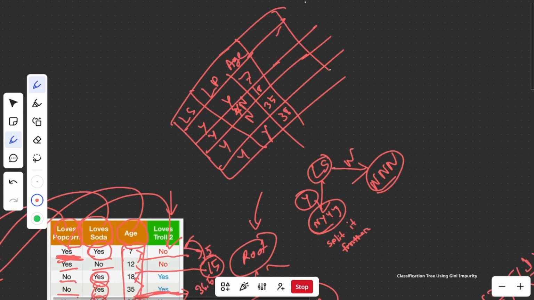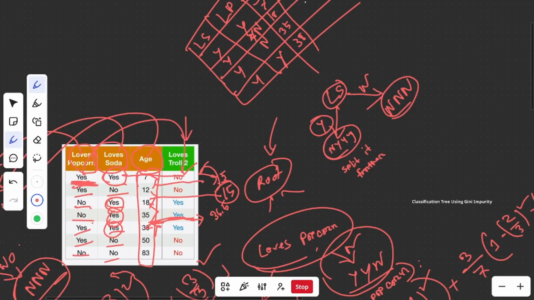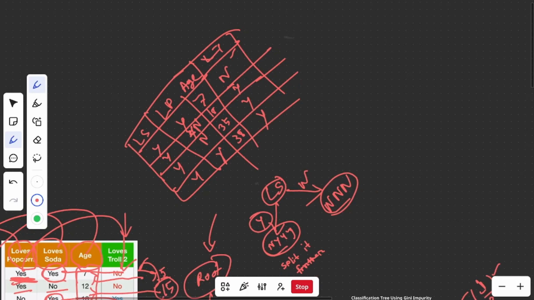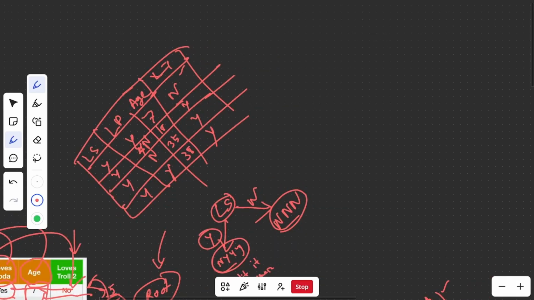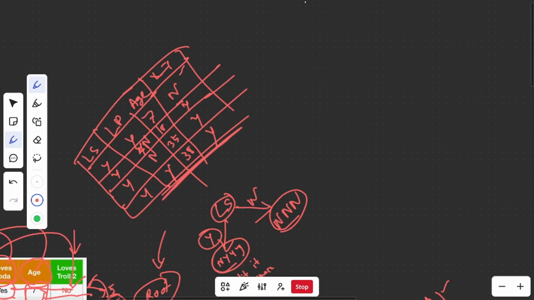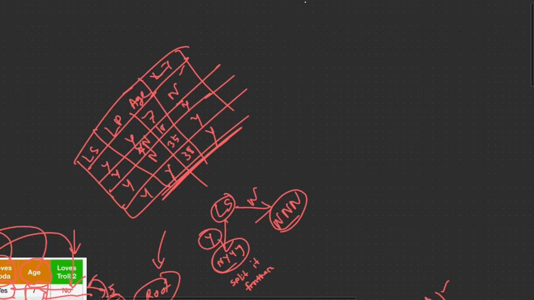And the decision: no, yes, yes, yes. So we have to find the Gini impurity for this table also, to find the child nodes.